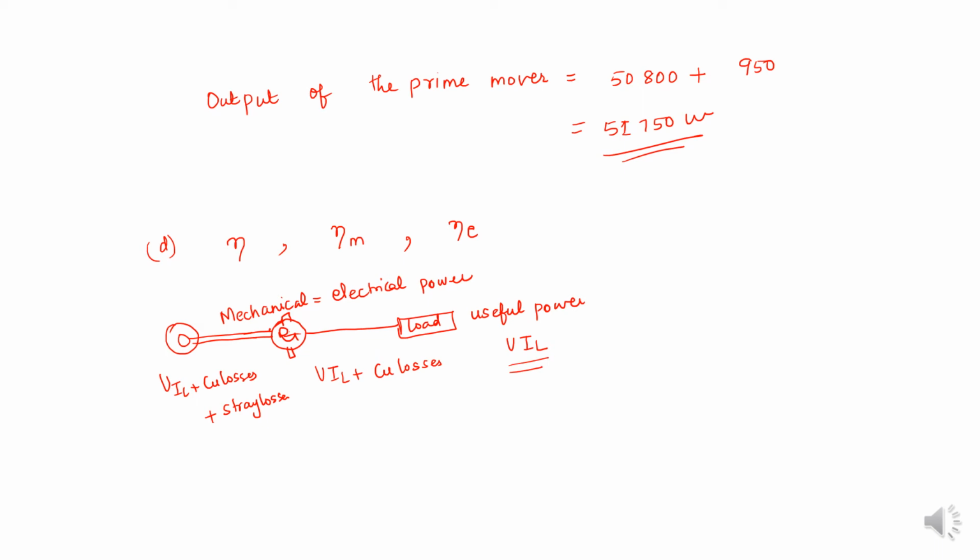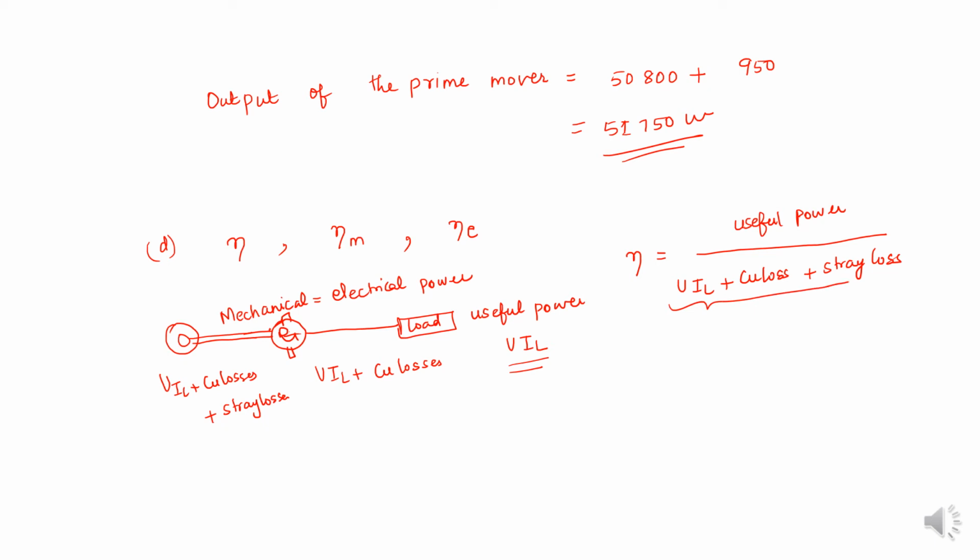So first, what is the overall efficiency? Overall efficiency is the useful power divided by the input to the prime mover.